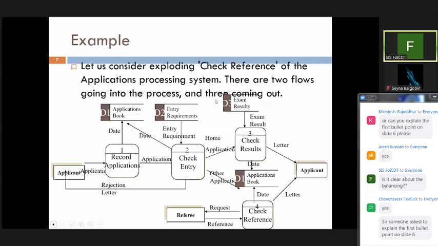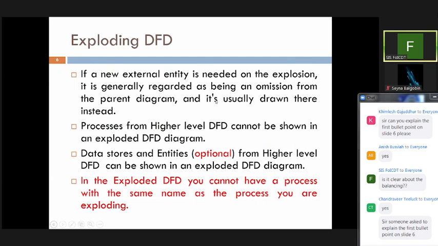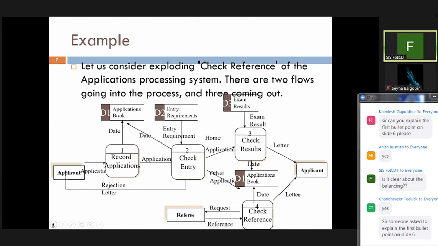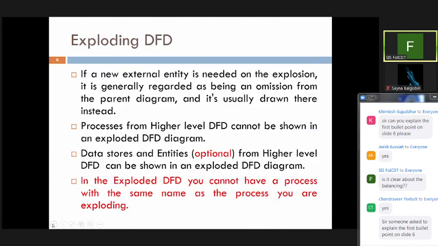In a real case study, like for example, when you're going to try to computerize something, maybe for your assignment, when you're reading through the case study for the level DFD, it might be that you see that you've omitted one external entity that is expecting an output from the system. So all you have to do is go to your high level diagram, and add the external entity with the output that is mentioned. Okay? In case it happens, it's not going to always be the case. So here the rule says it's allowed. If a new external entity is required, it has to be shown.